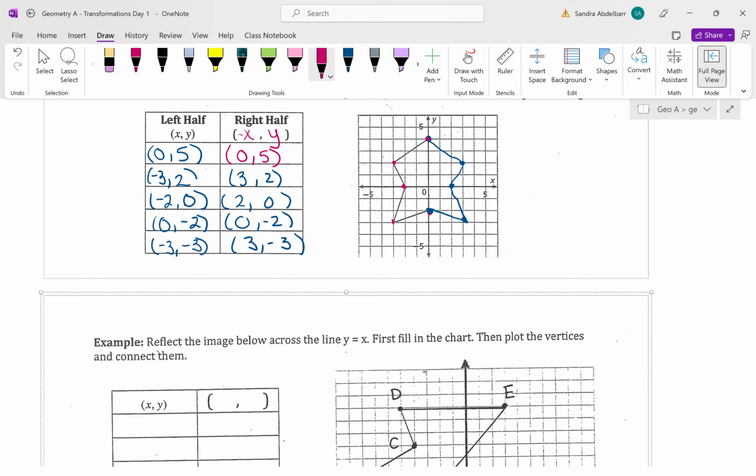What is the rule for reflecting over the line y equals x? x, y yields what? Who remembers the rule? Mia? Not x, negative y. x, negative y is reflection over the x-axis. This is the line y equals x.